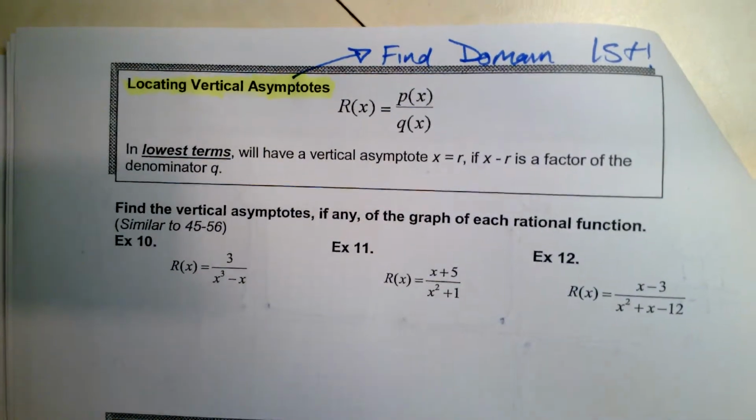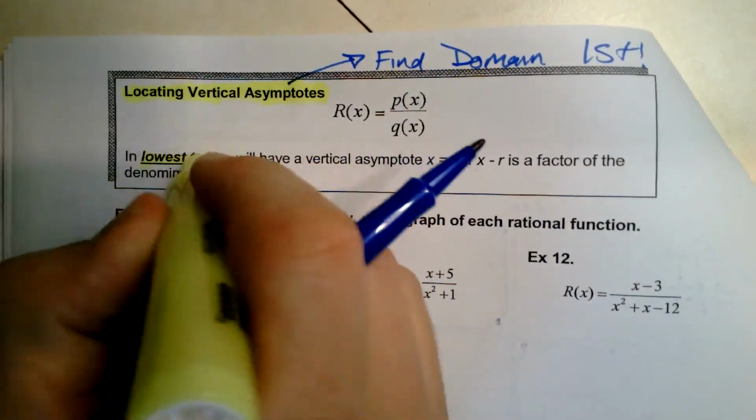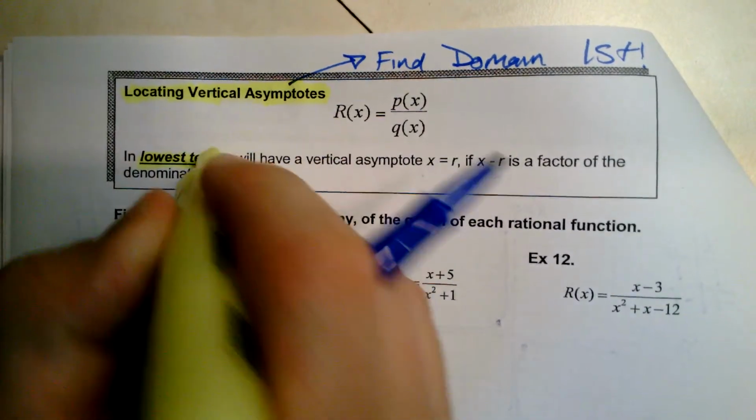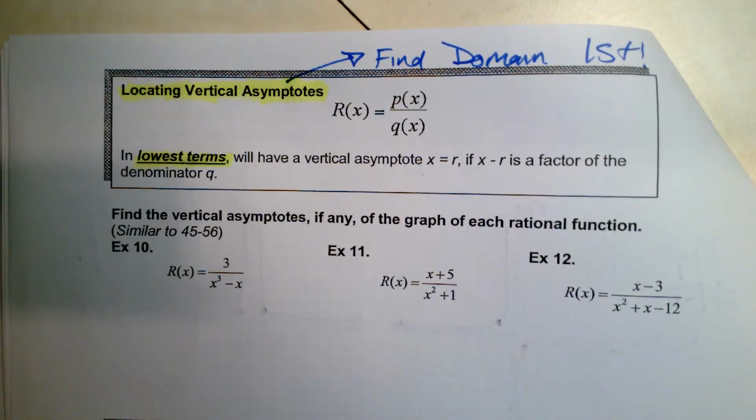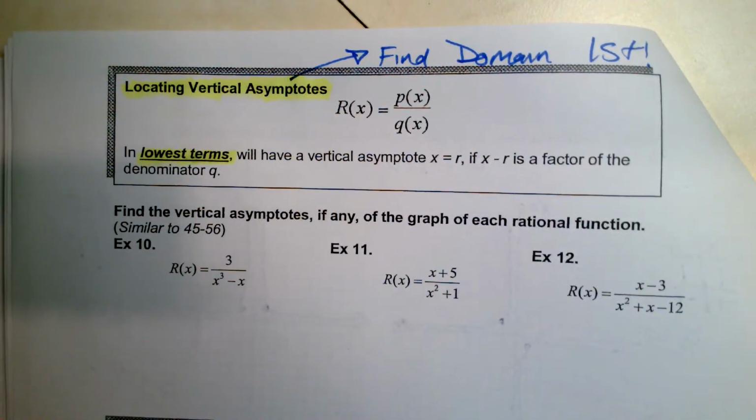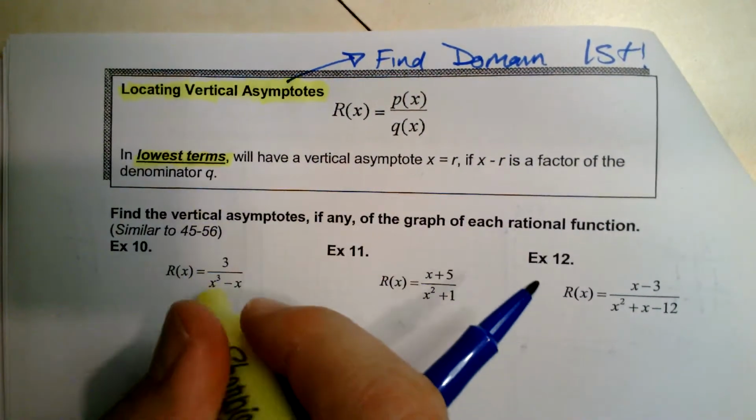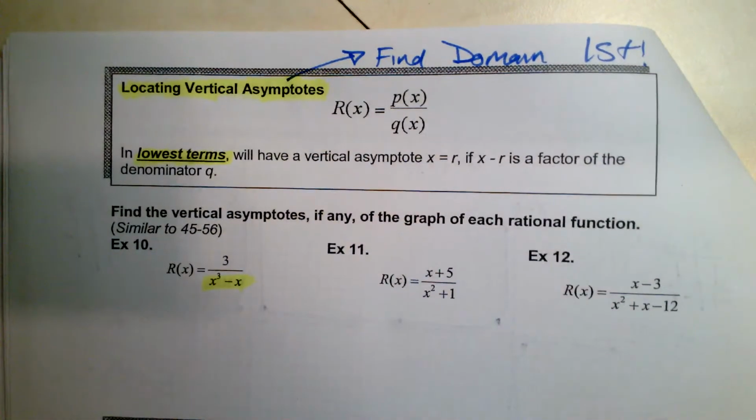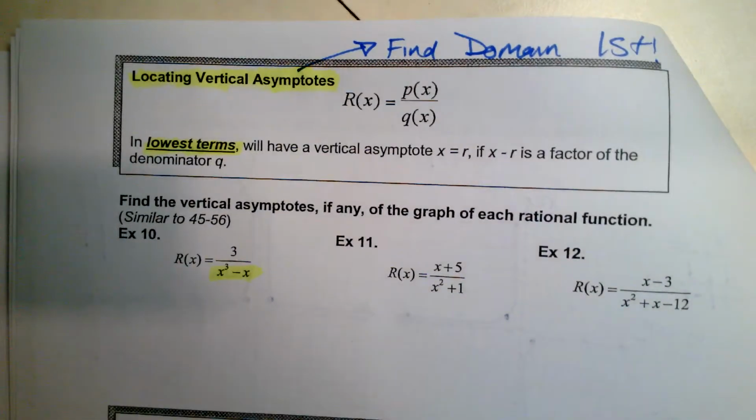However, if you want to find vertical asymptotes, we're going to put the fraction in lowest terms, okay? And then whatever's left in the bottom, whatever's a factor of the denominator, is going to be your vertical asymptote. So the first thing we need to do is we're going to find the domain of this fraction, right? So let's find the domain of this one.